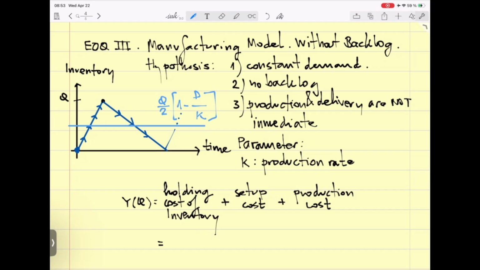So the holding cost of inventory is H again times Q divided by 2, 1 minus D divided by K, plus the setup cost, the same, AD divided by Q, plus CD.